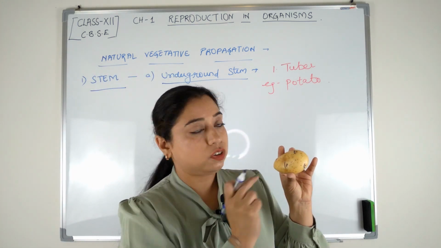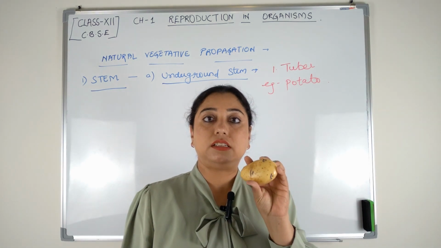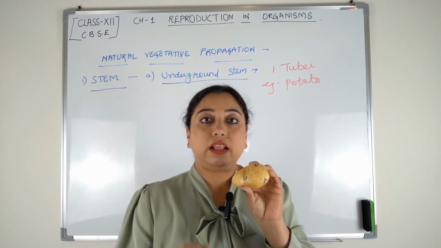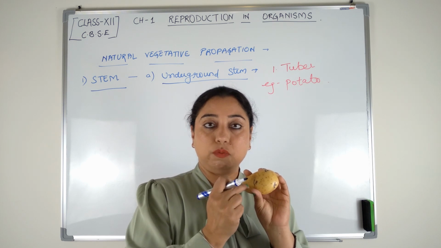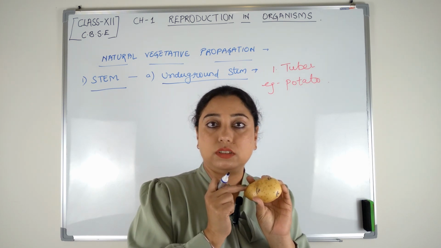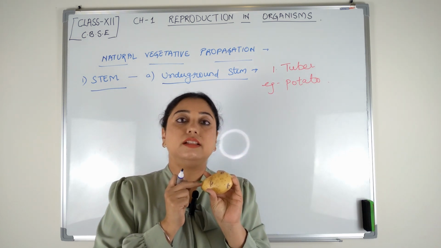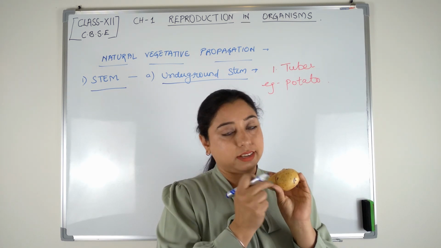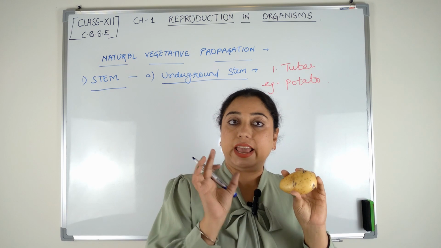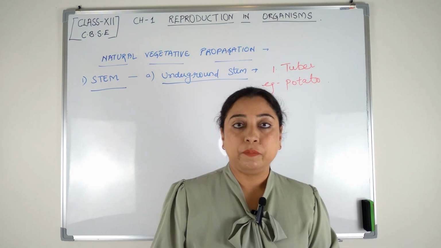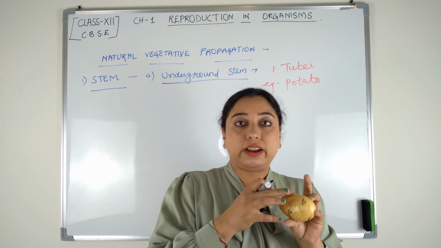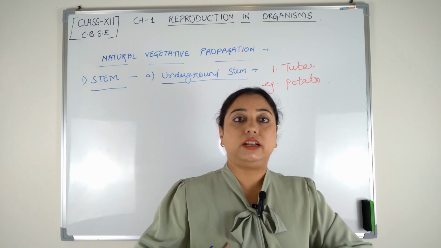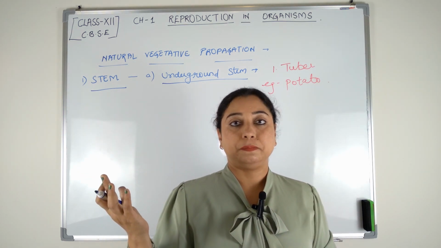These eye-like structures are nothing but nodes. And these nodes are the ones which are carrying or enclosing an axillary bud inside. Okay, these nodes carry an axillary bud, and the axillary bud has a property that whenever it comes in contact with the soil, it immediately gives rise to a new plant.